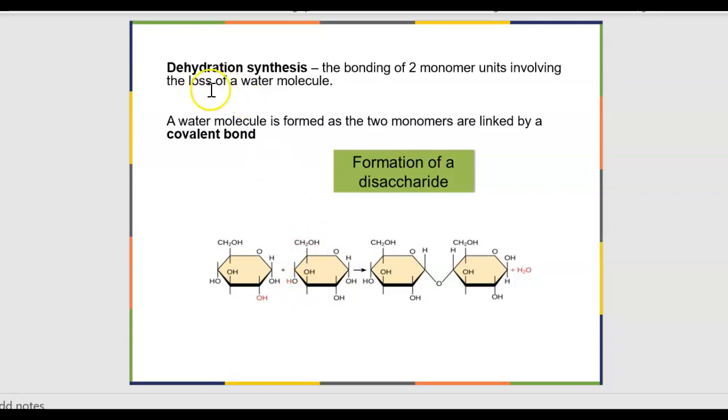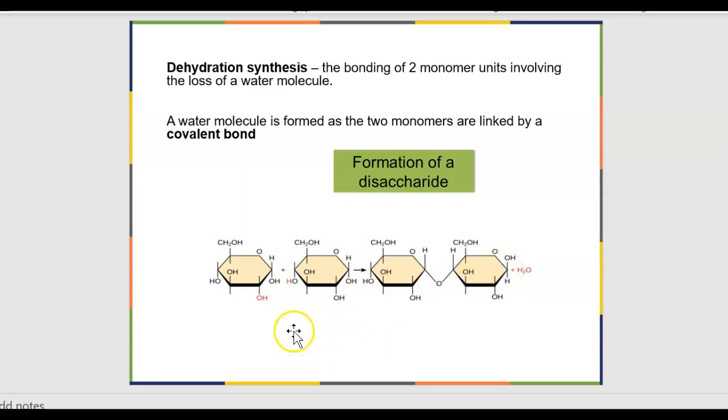In all cases, the way these monomer units come together is through a process known as dehydration synthesis. Dehydration has to do with water, right? A loss of a water molecule, and synthesis means to put together. So when water is removed from two monomer units, such as this monosaccharide and another monosaccharide, the arrow points to what forms from those two, which is this disaccharide.